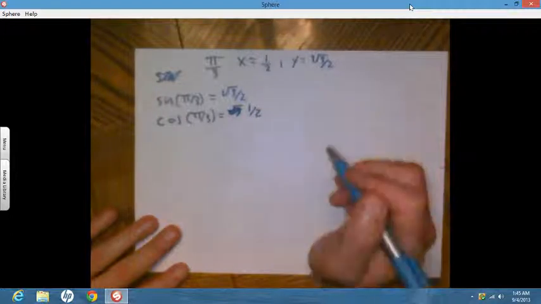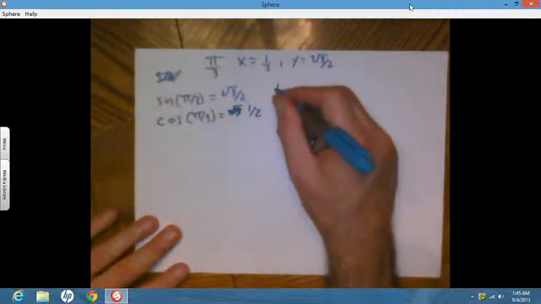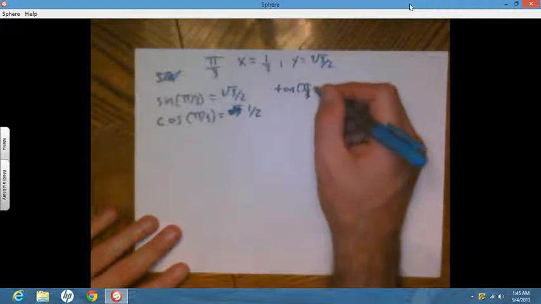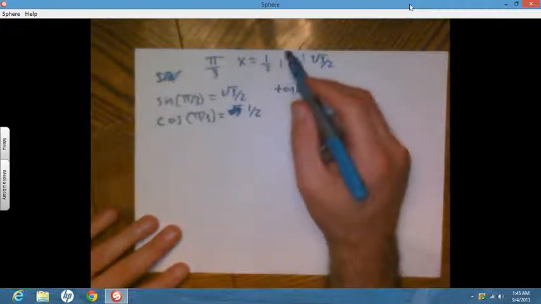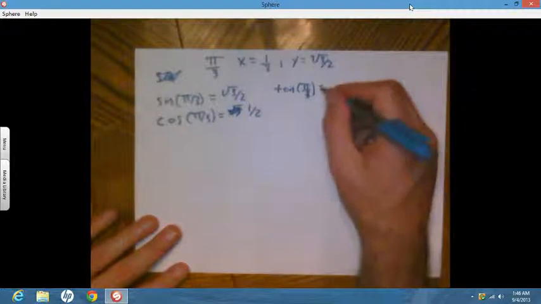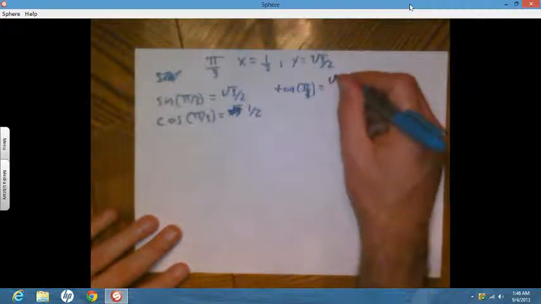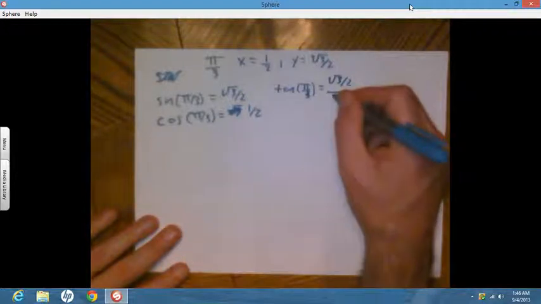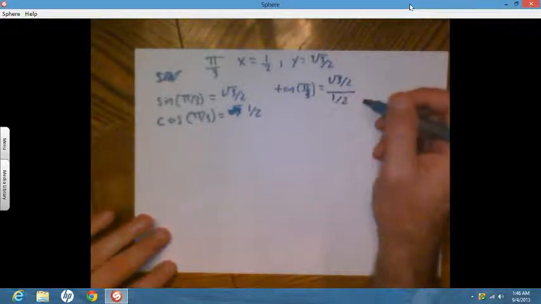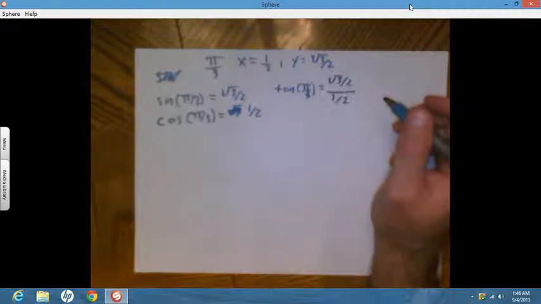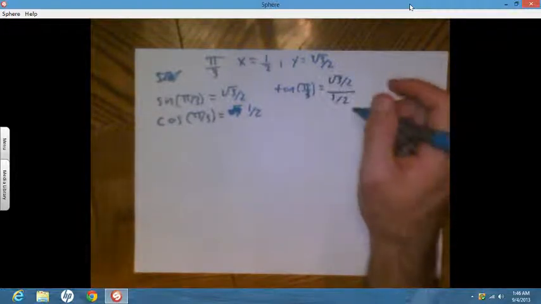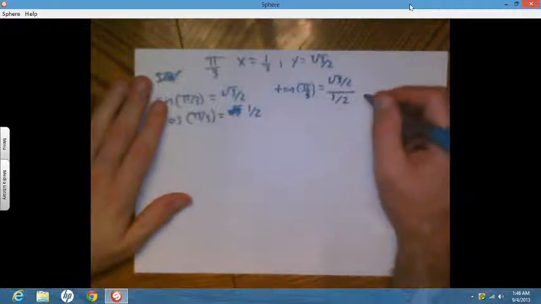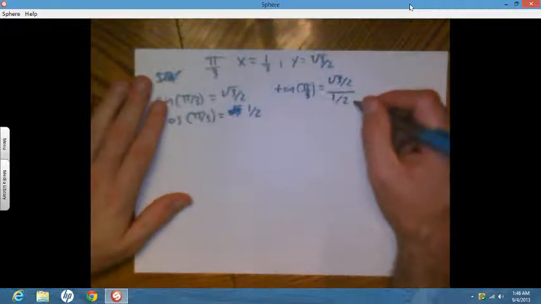The tangent of pi over 3 is going to be y divided by x. So that's equal to the square root of 3 divided by 2 divided by 1/2. Well, if I multiply the numerator and denominator by 2, the 2 is going to cancel with the 1/2, and the 2 is going to cancel on top.